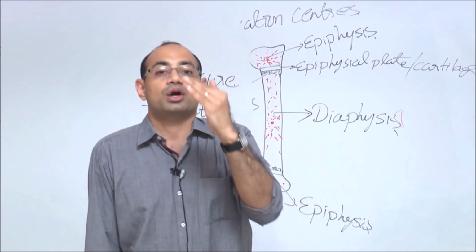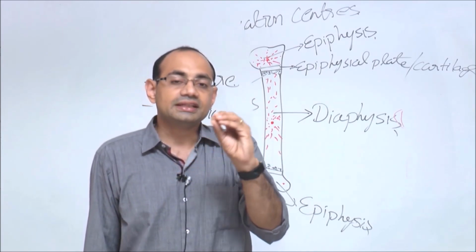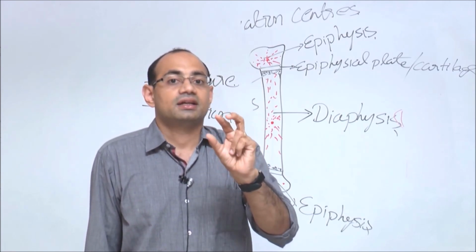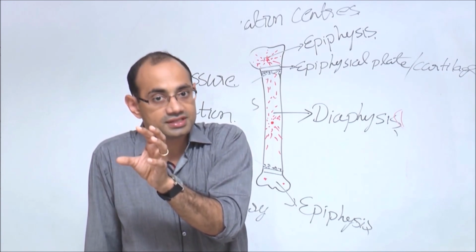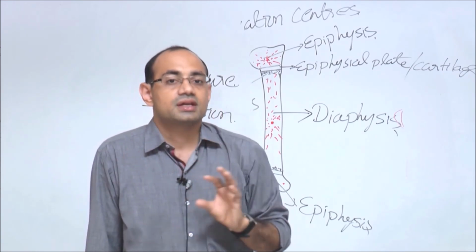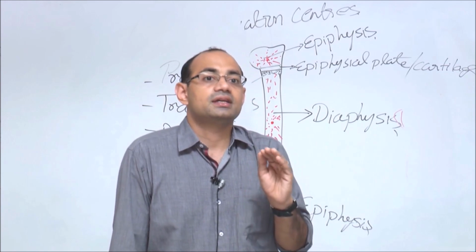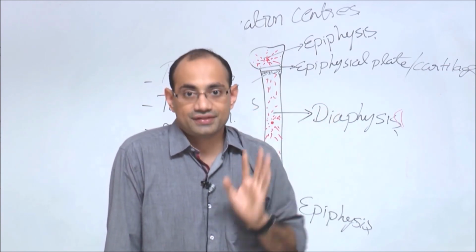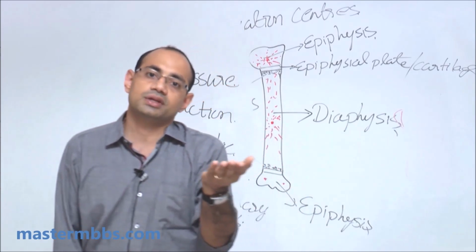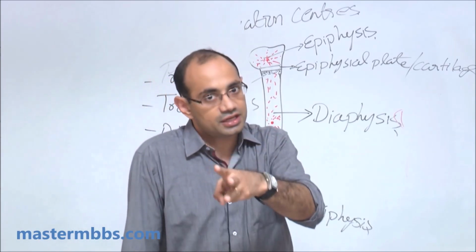So the coracoid process is an example of atavistic epiphysis. That means it was a separate bone, the coracoid process in the scapula, but now it is seen attached to the scapula. It takes its blood supply from the scapula. So that is what is meant by atavistic epiphysis. Some textbooks would give something called an aberrant epiphysis. At least these 3 should be there.